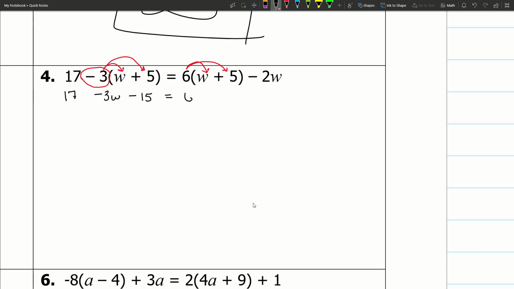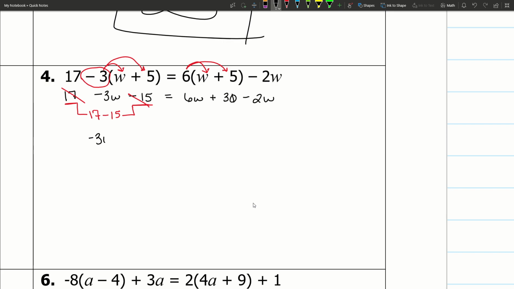6 times w is 6w. 6 times 5 is 30. And then our minus 2w comes down. Again, I would encourage you to combine like terms before you start moving things. We can put our 17 and our minus 15 together. And 17 minus 15 is just 2.